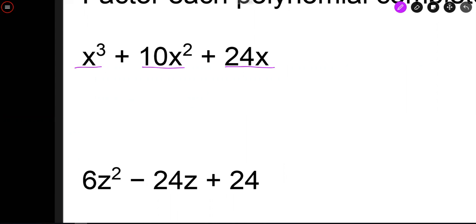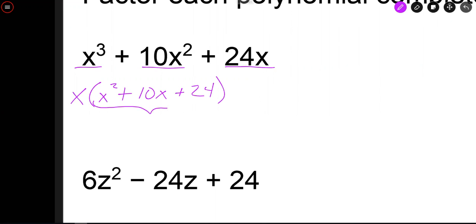My coefficients are technically 1, 10, and 24, so I'm not going to be able to pull any numbers out, but I can pull an x out of all 3 of these terms. So I'm going to pull an x out, and I'm left with x squared plus 10x plus 24 inside the parentheses.